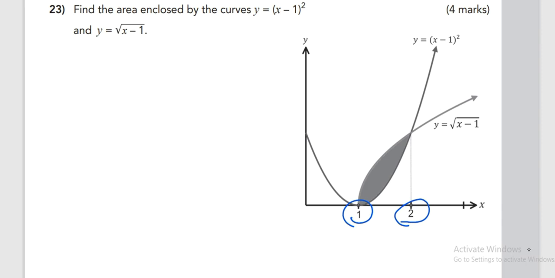Then we'll use the rule directly. It's integration from a to b. It will be from 1 to 2, and the rule is already written in the formula sheet. We can write it first, then substitute.